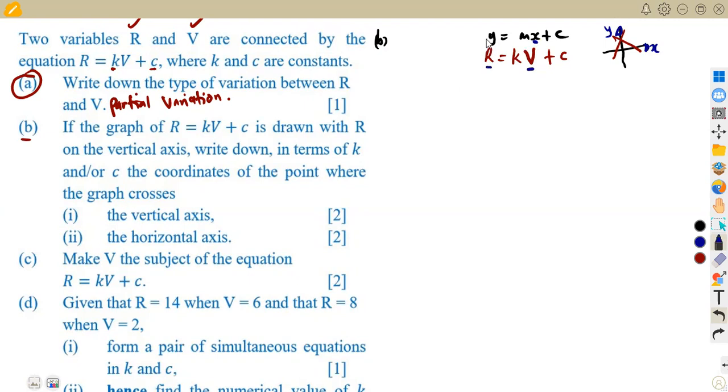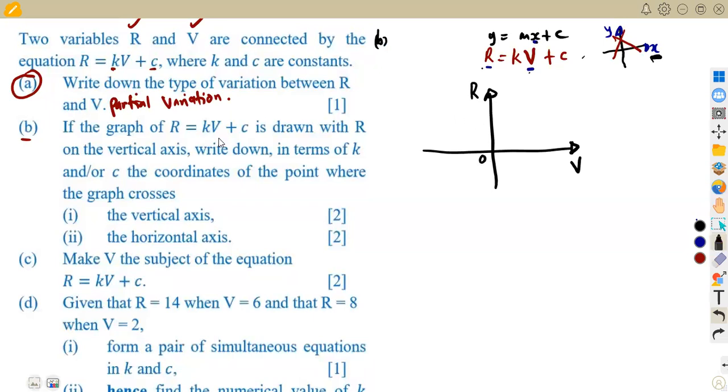R is the same as y. So it plays the same role as what we understand on our normal graph. In the x-axis, x is represented by v, so this will be the v-axis. The y-axis is the one that is represented by r.